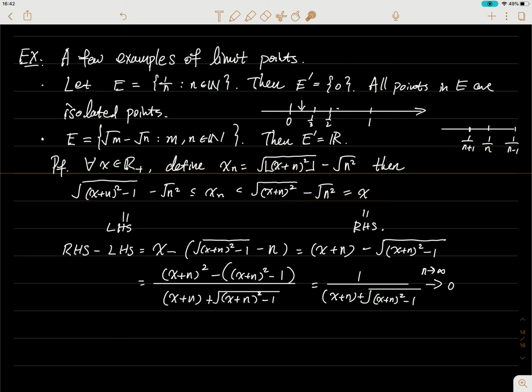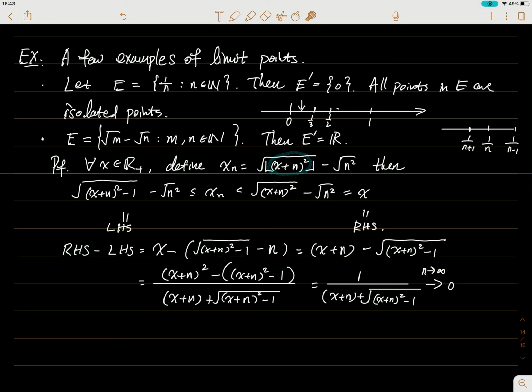Then let me define xn in this way. For the given x, I'm going to define my xn as the difference of two square roots. Notice that the second term is just the square root of n squared, which is just n. So it's very simple. For the first term, you have x plus n squared. Note that x is a real number, so x plus n squared is not necessarily an integer.